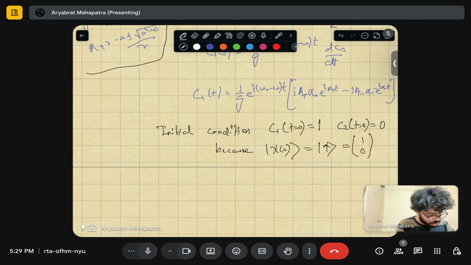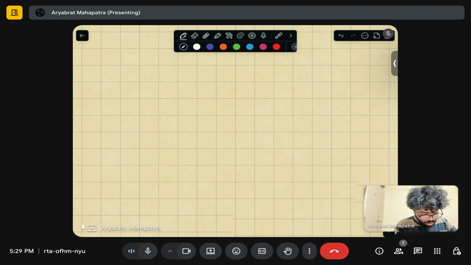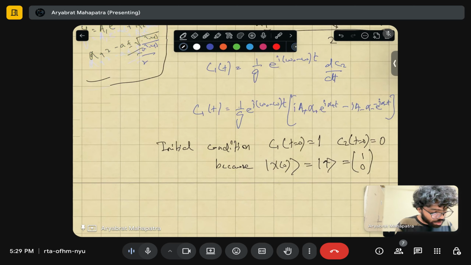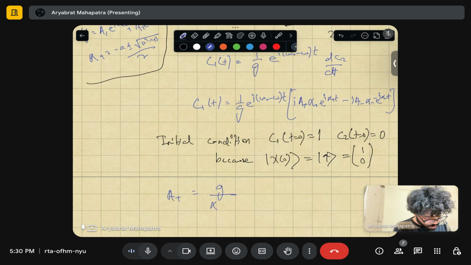So c1 equals 1 and c2 equals 0. So you got your initial state, and using this you can calculate your chi of t. Your c1, c2 are already calculated. You just have to estimate a plus and a minus. If you use this initial condition, your a plus will be g by alpha minus minus alpha plus, and a minus is minus of a plus.